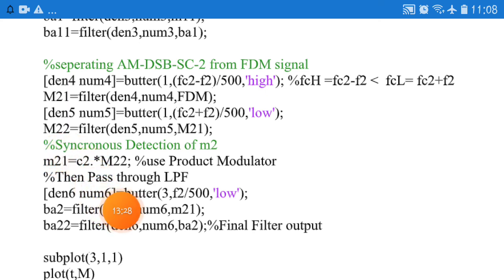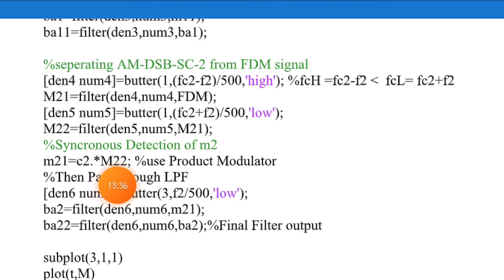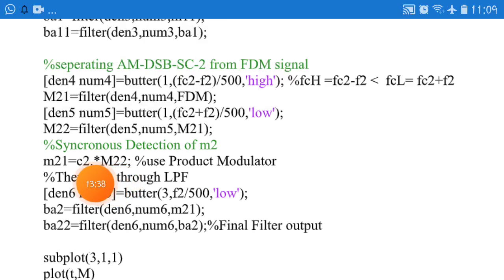Now you have to demodulate the DSBSC2. So how to demodulate a DSB signal? By using product modulation, meaning the DSBSC signal must be multiplied with the carrier signal. That gives M21, which is passed through the Butterworth low pass filter. You call the butter function to get the numerator and denominator coefficients, and call the filter function 2 times after passing through the 2 Butterworth filters.